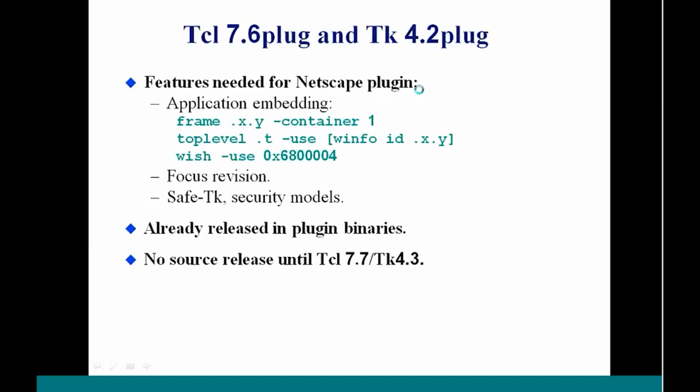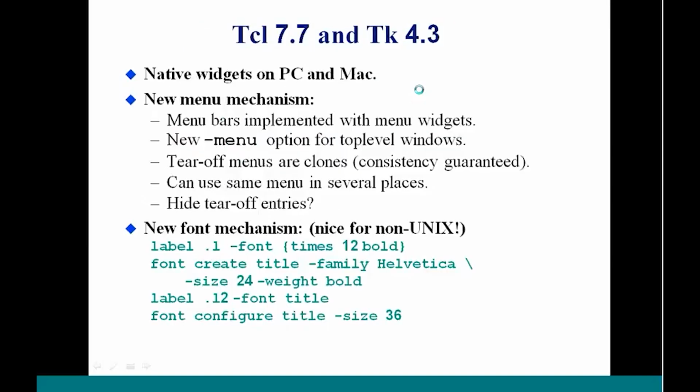Then 7.6 plug and 4.2 plug have features needed for the Netscape plugin, and you can just use the plugin information. Safety is already released in plugin binaries, and there is no source release until Tcl 7.7 and Tk 4.3, which is also past now. So 7.5 is the latest and greatest. Sorry, not 7.5. Basically, we will talk about that.